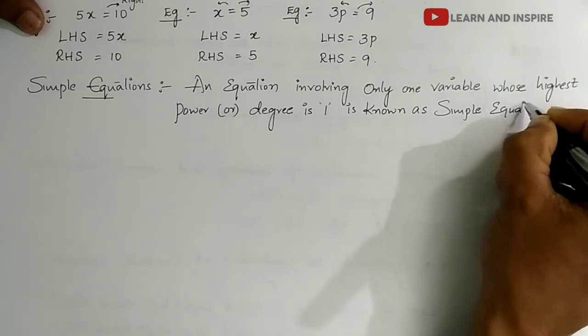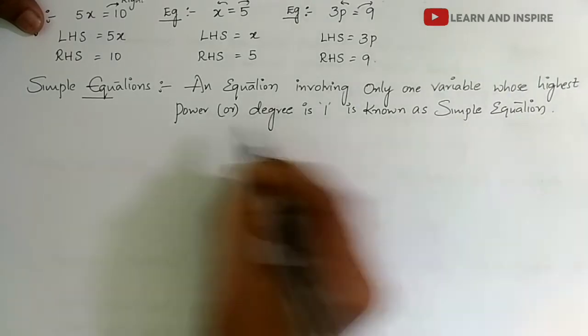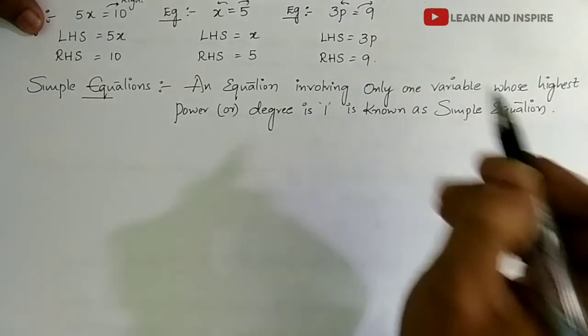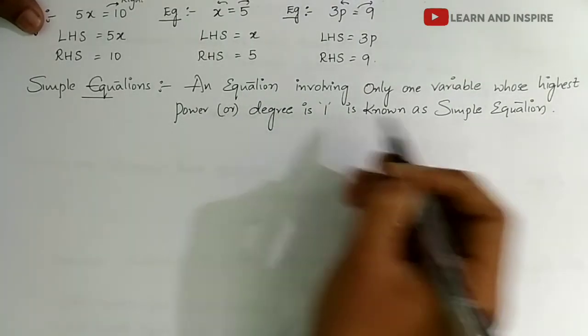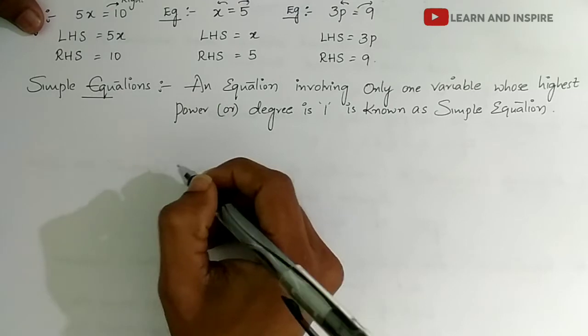Understood? What is the definition for simple equation? An equation involving only one variable and whose highest power is 1 is known as simple equation.